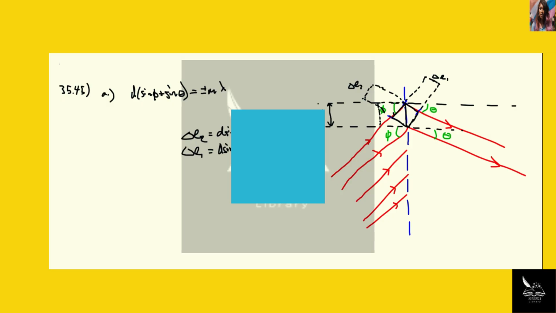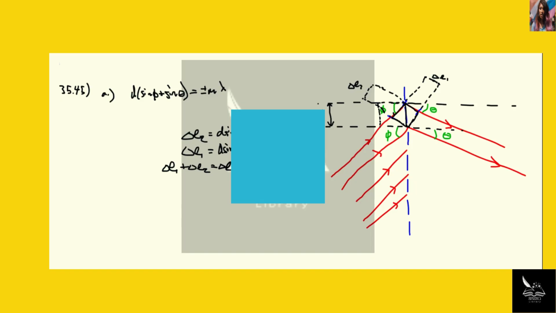Okay, so the higher ray passing through the grating travels an extra distance, delta L1 plus delta L2, which we're going to define as delta L. Each ray above travels an extra distance, delta L, from the ray below it.